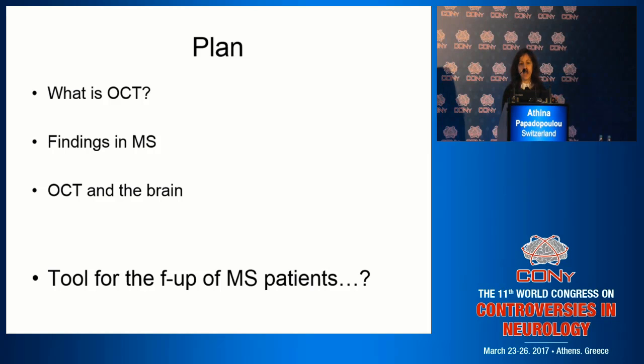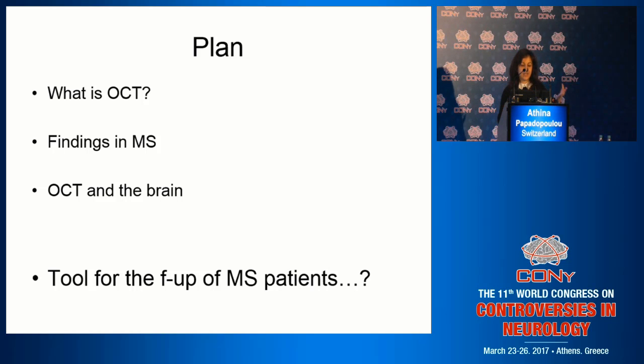But where we really have the unmet need is to have measures that predict disability and progression, and especially relatively early, so before our patients are already severely disabled. And we know we have MRI atrophy from the studies, and this is a very good measure, but the problem is how to implement it in clinical practice. We rarely do it individually at a patient level.